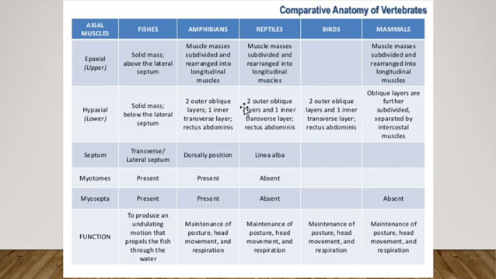So the amphibians, reptiles, and birds have a similar fate, with two outer oblique layers and one inner transverse layer with rectus abdominis. In mammals, the oblique layers are further subdivided.